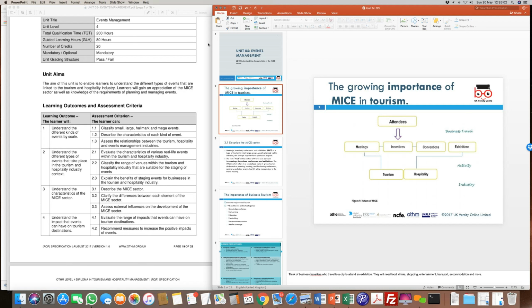One or two slides we cover, but this chart shows that if you are an attendee, that means you are going to be attending any of the events under MICE, for example, meetings, conferences, exhibitions, or incentives. When I say incentive, this is a term that we will define in the subsequent slide, which talks about incentive travel.